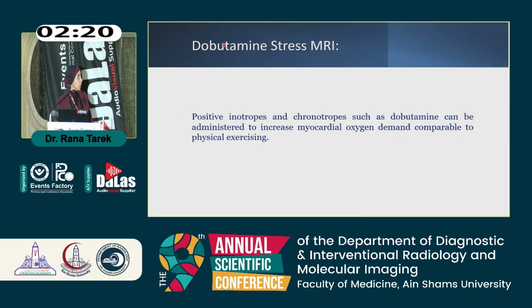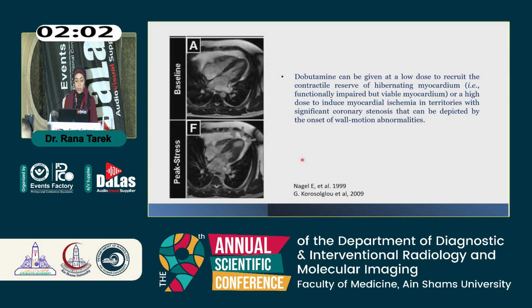So coming to the dobutamine stress MRI, here we do not use a vasodilator, we use inotropics. Commonly dobutamine, it increases myocardial oxygen demand, which is comparable to physical exercise. It can be given at a low dose to recruit the contractile reserve of a hibernating myocardium.